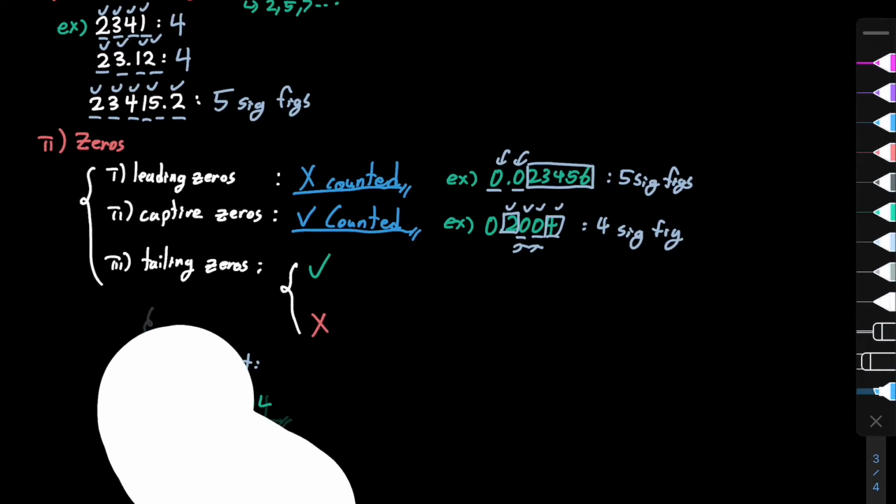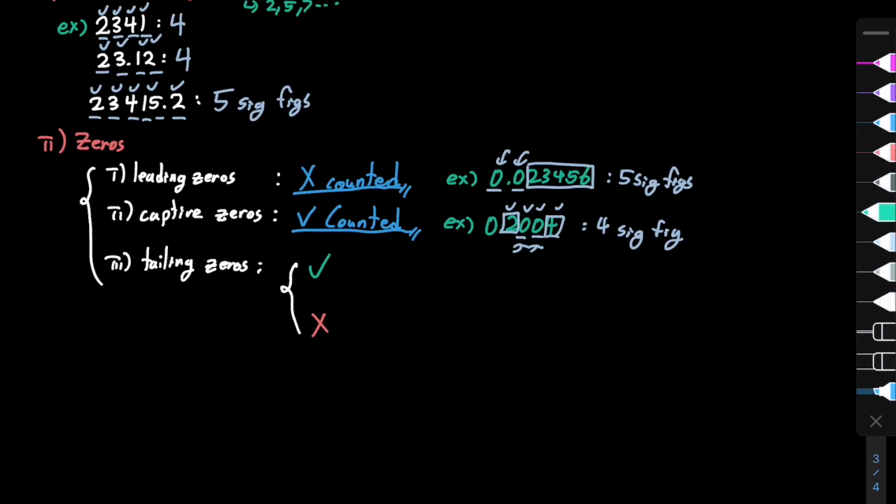Now, trailing zeros, on the other hand, are zeros that are behind every single integer digit. So for example, 0.0230040. This zero right over here will be considered as a trailing zero. And these two will be considered as captive zeros.